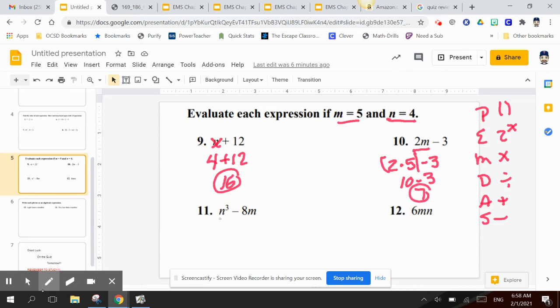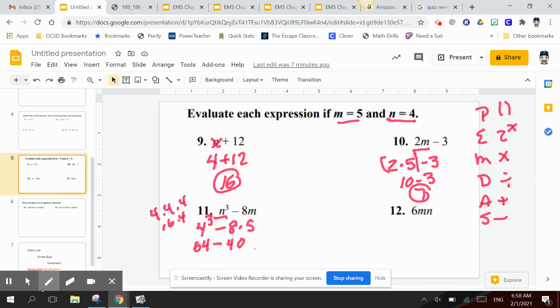Number 11, n to the third power minus 8 times m. So n to the third power is going to be 4 to the third power minus 8 times m, which is 5. There's nothing in parentheses, so I go to my exponents first. 4 to the third power is 4 times 4 times 4, which is 16 times 4, which is 64, minus 8 times 5, which is 40.